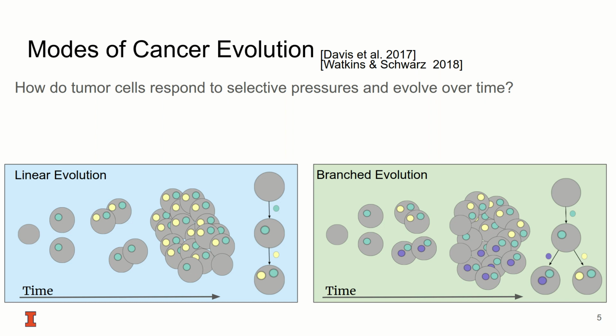In linear evolution, this results when subsequent driver mutations develop a strong selective advantage and outcompete other clones during a clonal expansion. In branched evolution, the clonal lineages may diverge from a common ancestor, resulting in a tree-like pattern of evolution where the subclones evolve in parallel. And both branched and linear modes of evolution have been seen in cancers like ovarian, renal cell carcinomas, and leukemia.